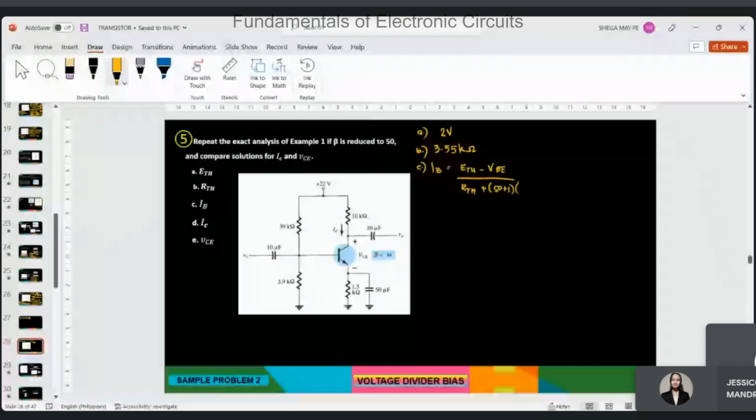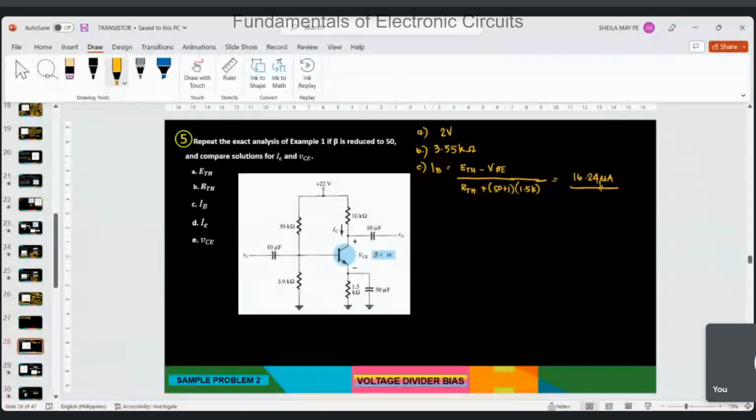Is that correct? 2 minus 0.7 over RTH at 3.55 plus 51 times 1.5. What's your answer, class? Correct, 16.24 microamperes.